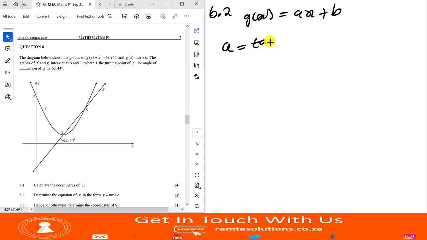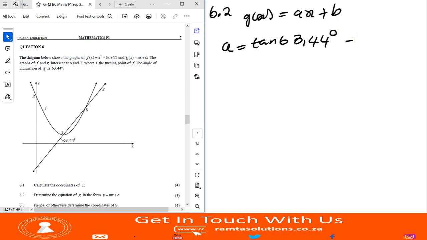A is equal to tan 63.44 degrees. Guys, even if you had said m, it's okay. But I want you to know that this a is the gradient. So this is equal to 2.